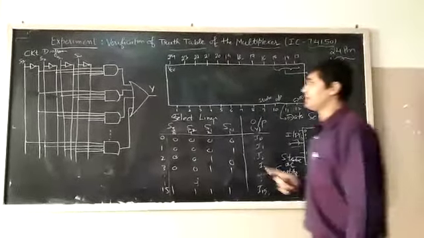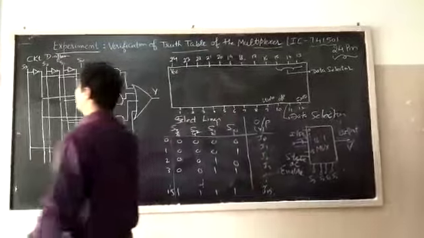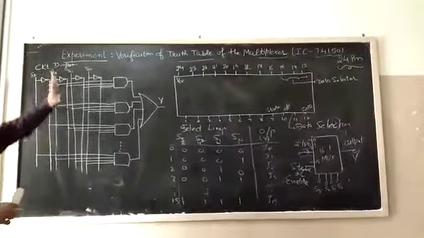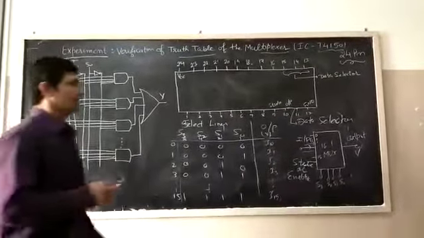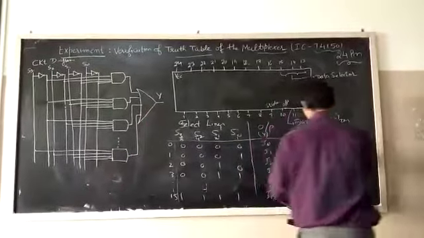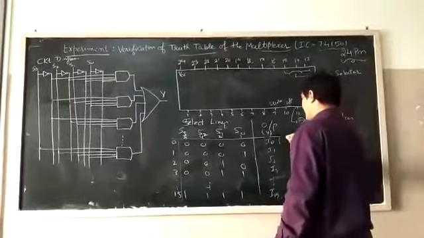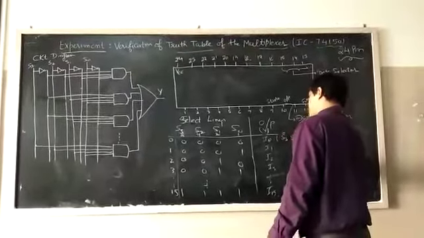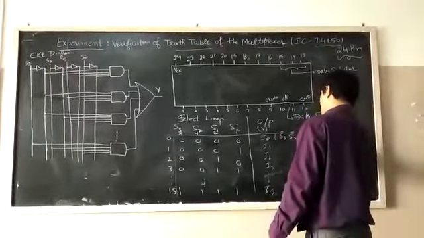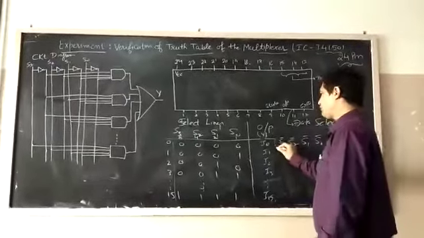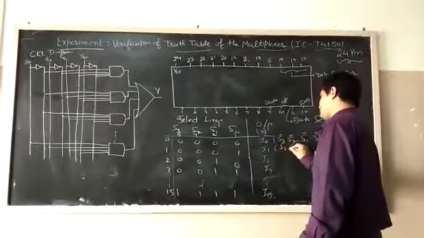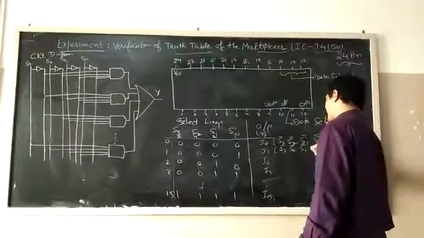If we design its circuit diagram, there would be S3, S2, S1, S0. Let us say I want to enable I0. For that, what is required? S3 bar, S2 bar, S1 bar, S0 bar. For I1, there will be S3 bar, S2 bar, S1 bar, and S0.